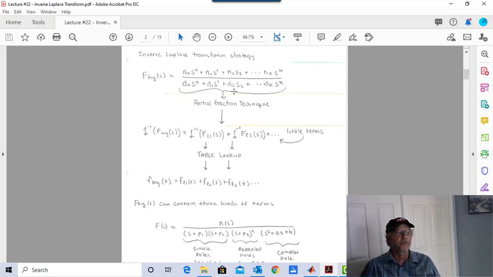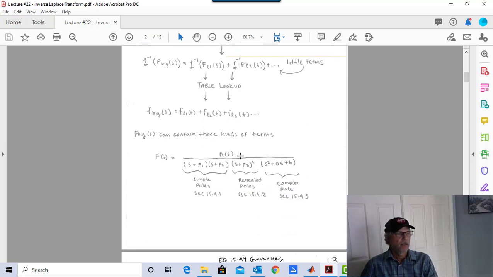Big transfer function, break it up into little transfer functions. Take the inverse Laplace of each one, add the bunch of them together, be thankful for the linearity property, and you're done. So now let's dig into F big and see what it can be composed of.